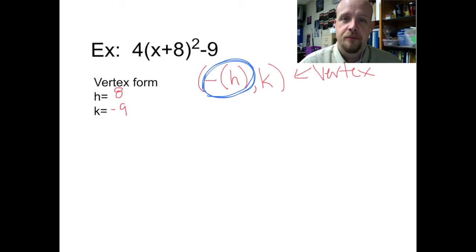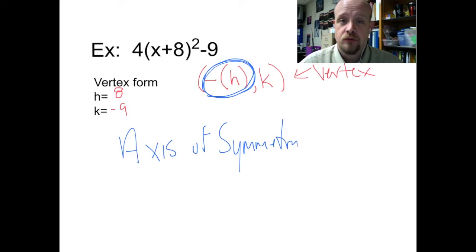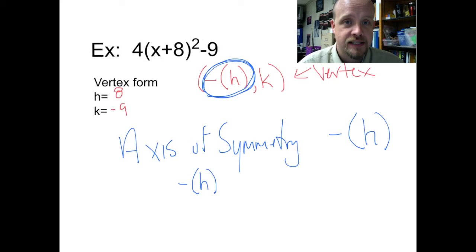So, really simple, our axis of symmetry is just the negative of the h value, or the opposite of the h value. We can take our h value, find the negative of 8, simplify it, and end up with negative 8.